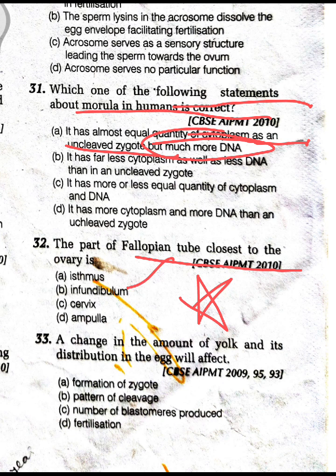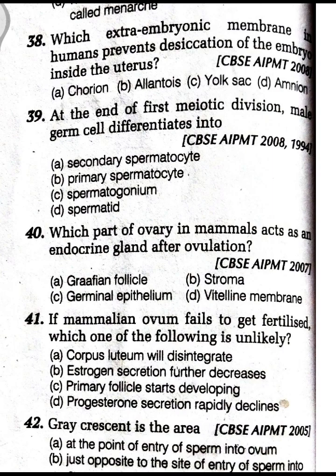A change in the amount of yolk and its distribution in the egg will affect the pattern of cleavage. Option number B is the right answer. Which extraembryonic membrane in human prevents the desiccation of the embryo inside the uterus? It is the amnion. Option number D is the right answer.